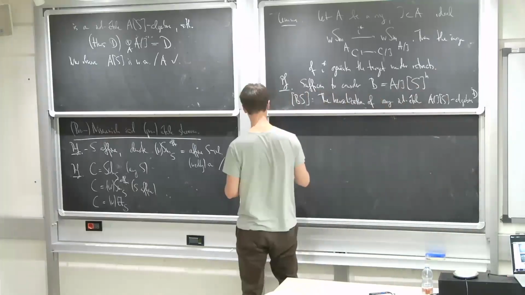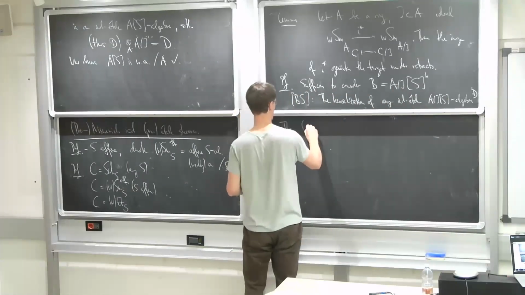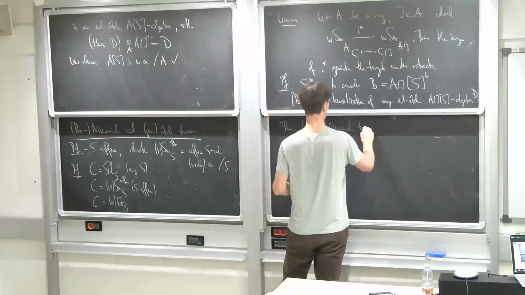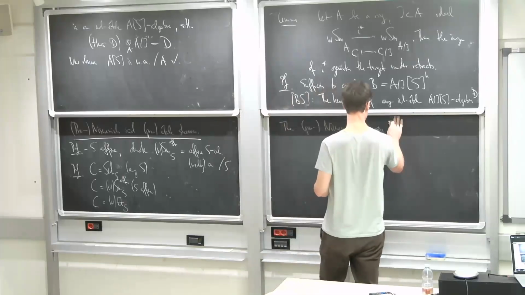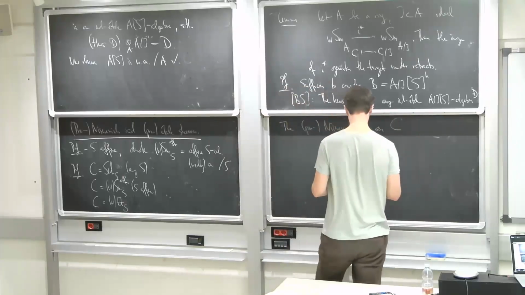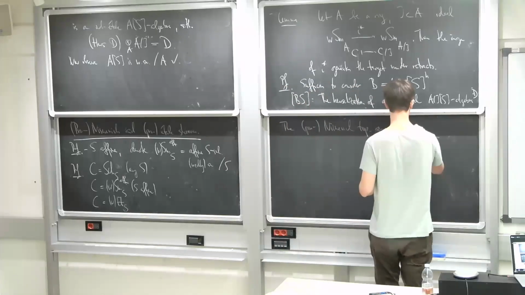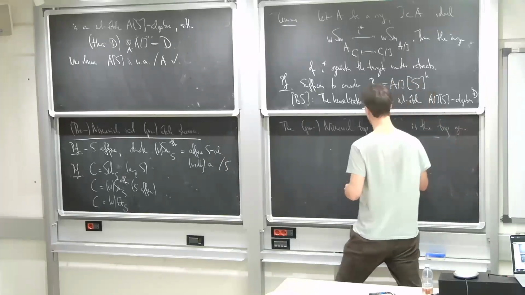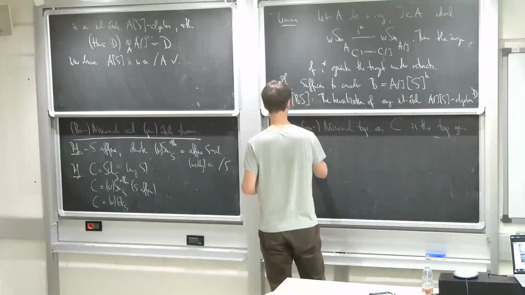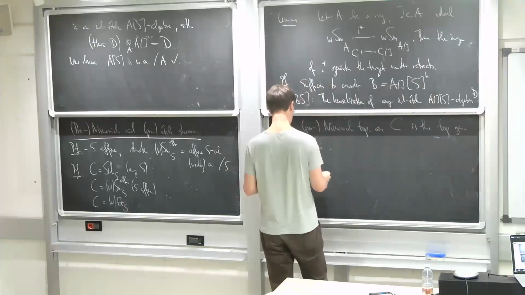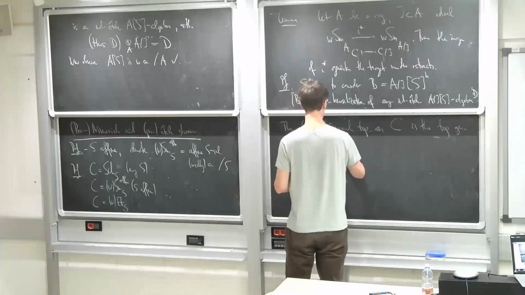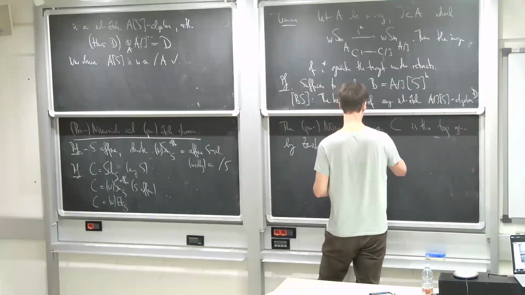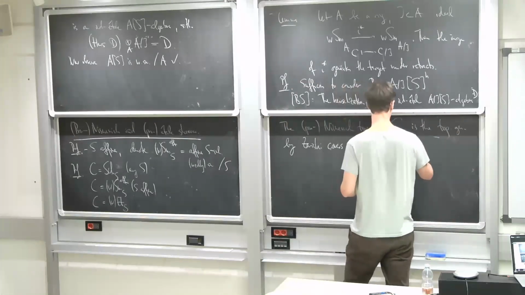So here is the definition. The proétale topology on this category C is the topology generated by Zariski covers and the following covers.